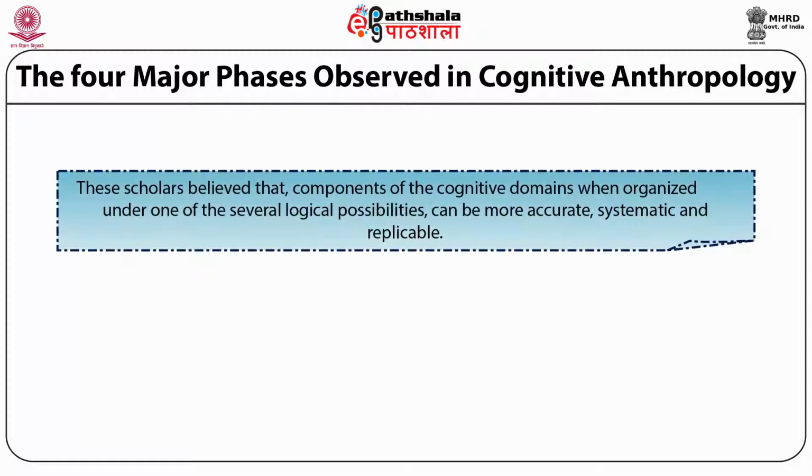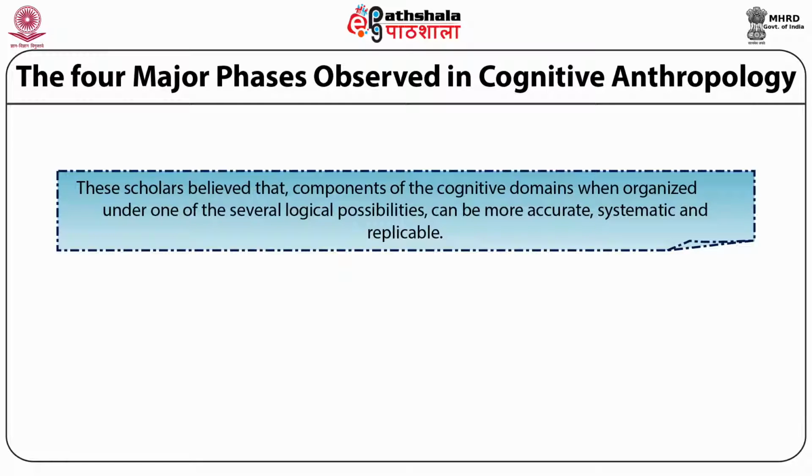So these scholars believed that the components of these cognitive domains, when organized into one of several logical possibilities, can be more accurate, systematic and replicable instead of being done haphazardly.